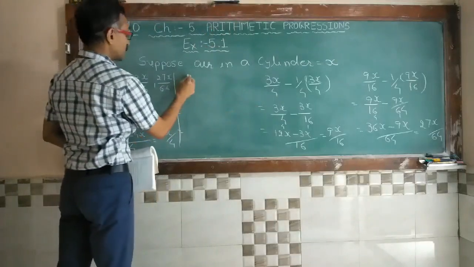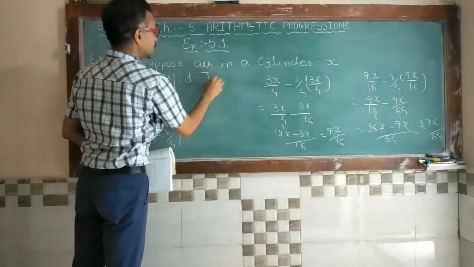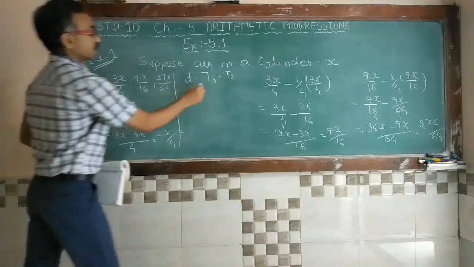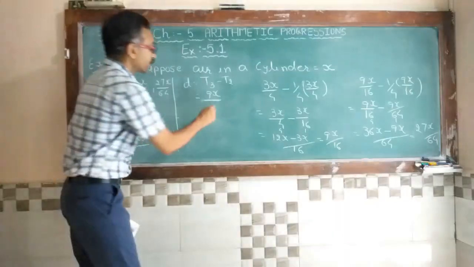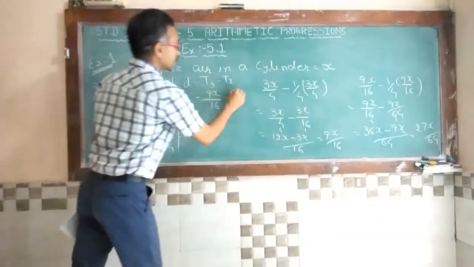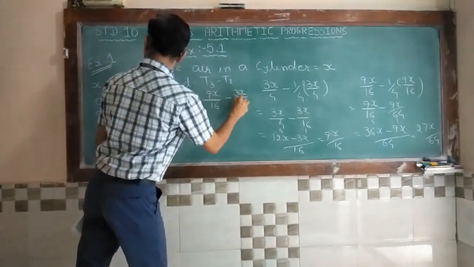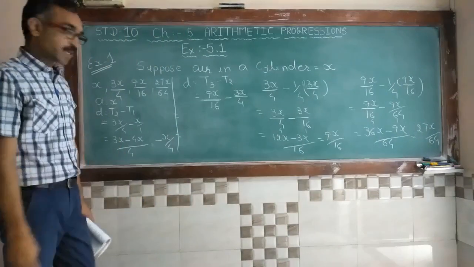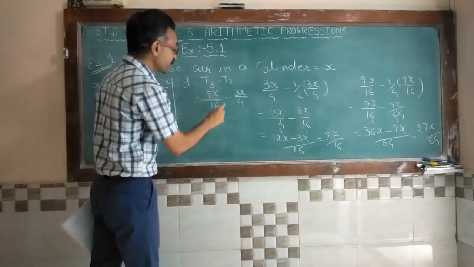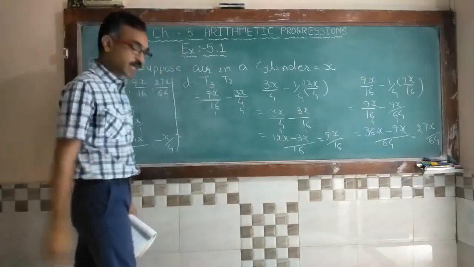Now suppose D is equal to T3 minus T2. Which one is your third term? 9x by 16 minus the second term, 3x divided by 4. Again we are taking LCM. Here 16 is the LCM. 1 here, 4 4s are 16.